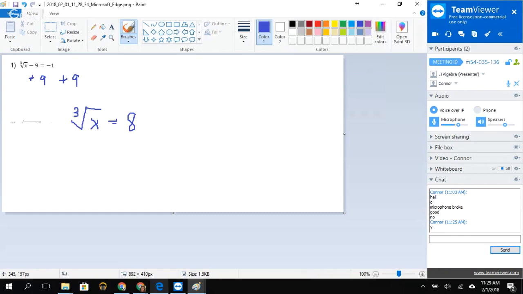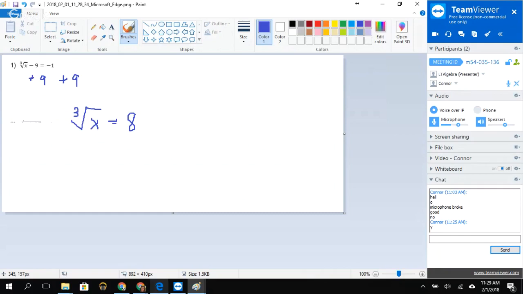There's a couple ways that we can solve this. Actually, never mind, I was thinking x equals 2, but that's actually not right.